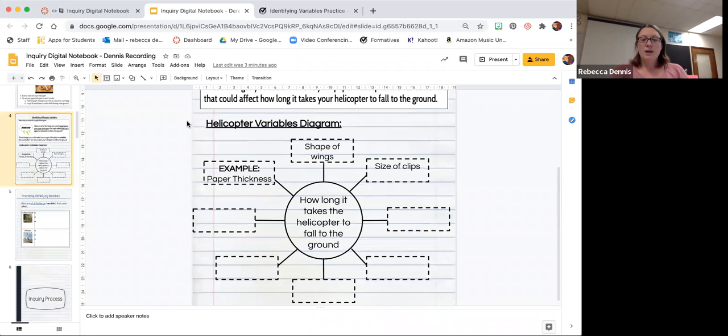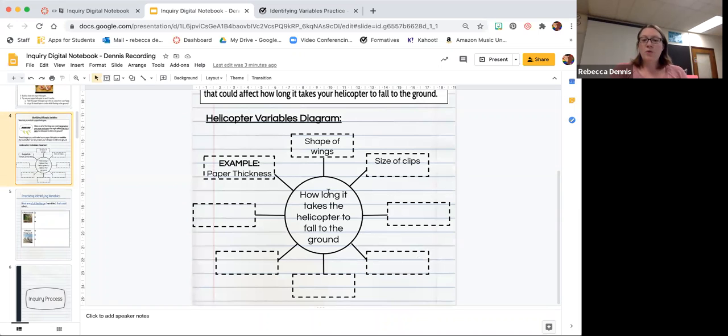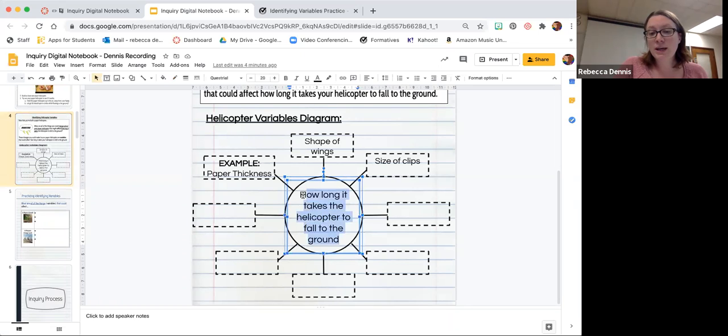Okay, so we start by always, this is actually a diagram that we're going to use a lot in school when we're talking about variables, and we always put in the middle the thing that we're going to be looking at, the thing that we want to see how it changes. And so the question is, how can we change our helicopter so that it affects how slow it falls or how long it takes to fall to the ground?